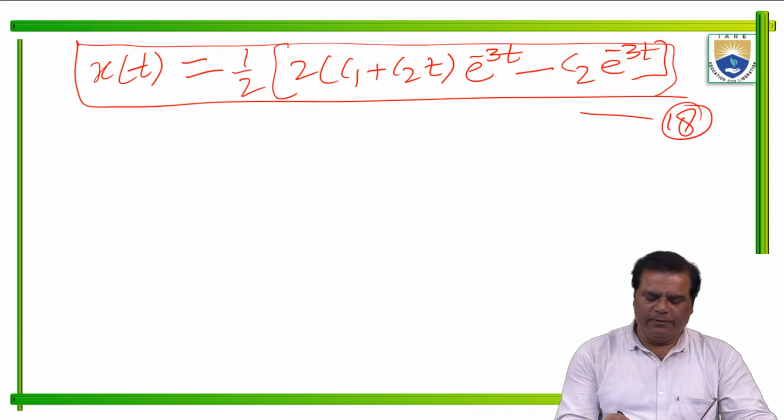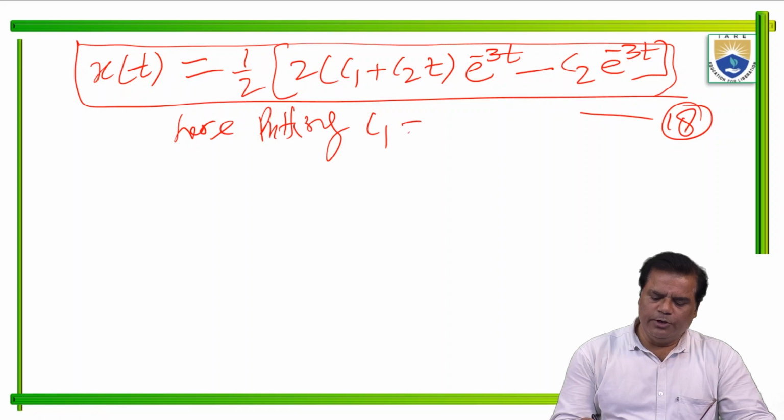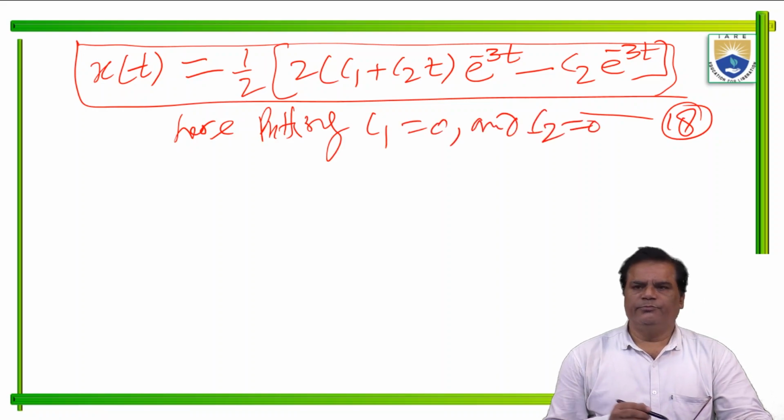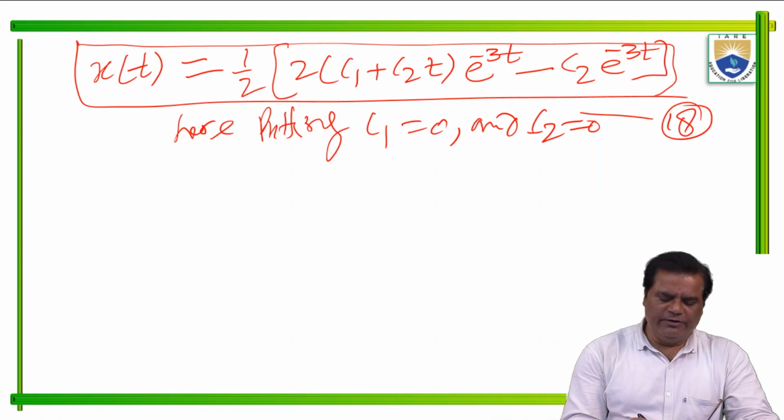Here putting c1 equal to 0 and c2 equal to 0, both constants equal to 0.